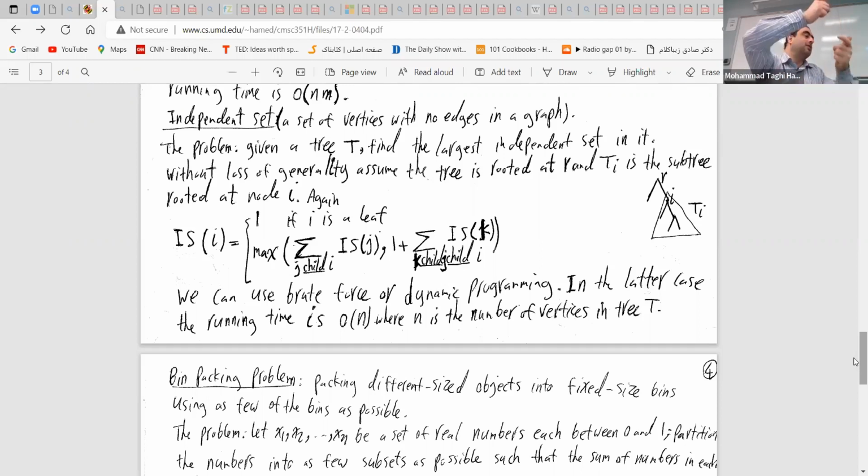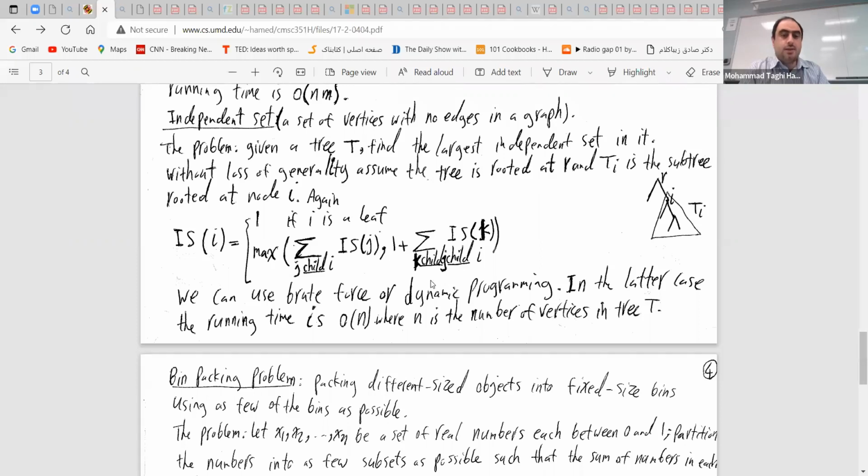So it might be the case that you don't select J as well, and then you are selecting all of its children. As I mentioned, for example, the leaves will always be in the independent set. But these are some of the things that you need to prove. You can think about what will happen in that case, but in general, that's the general algorithm that you have.